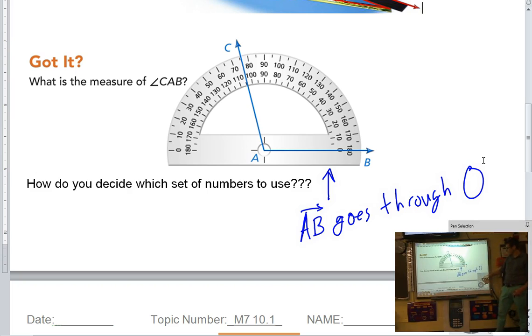We're going to highlight this inner set of numbers because that's where we go through our 0. So how do we decide which set of numbers we use? We look for that 0.